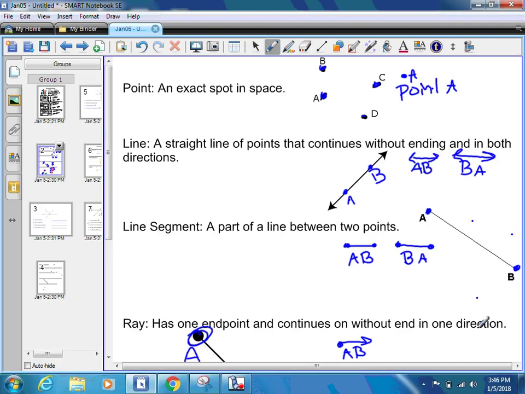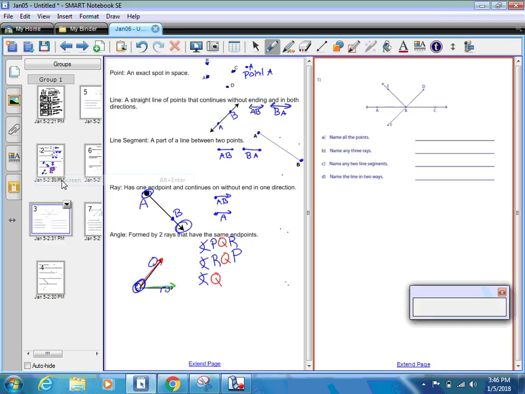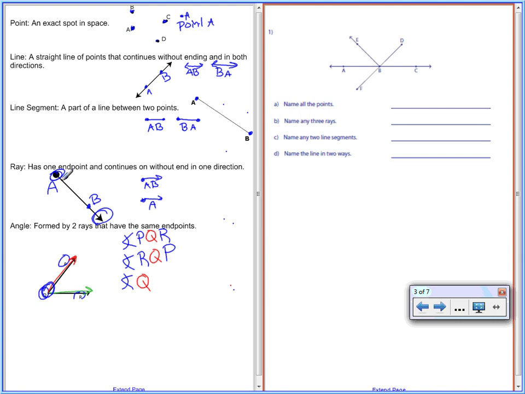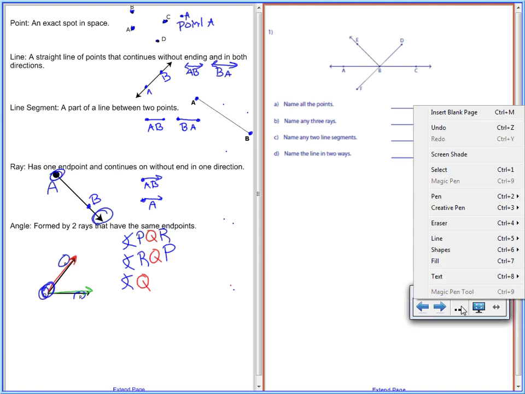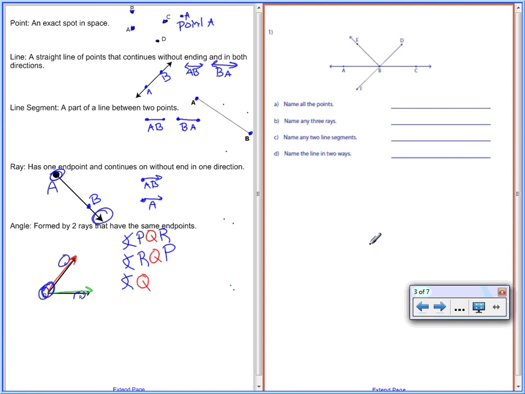Now, let's look at a figure. Let's look at this slide over here. What you'll see in fourth grade is this figure right here, where you'll have a picture and you have to identify what is on that picture. So let's look at this one.